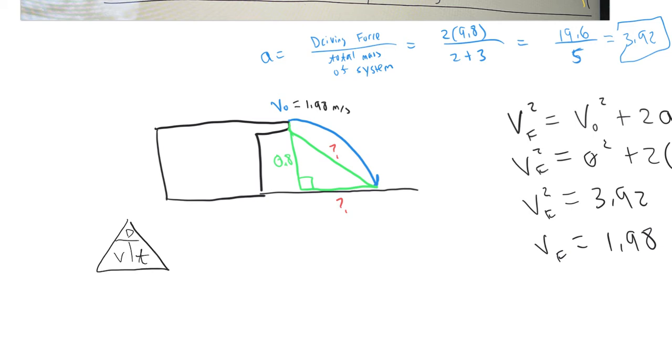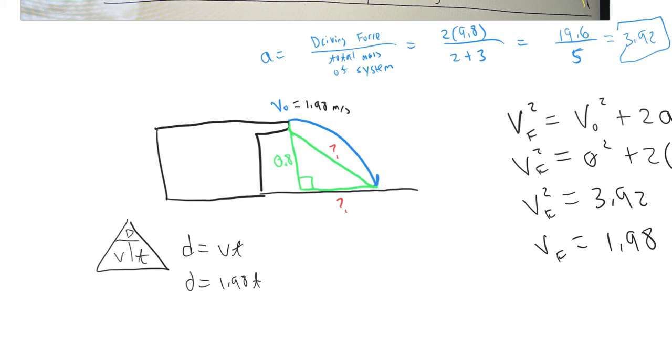And what that means is the distance is equal to the velocity times time, right? So we have the velocity, right? It's 1.98, but I think it's obvious we now need the time, right, in order to know how far it went to the right.